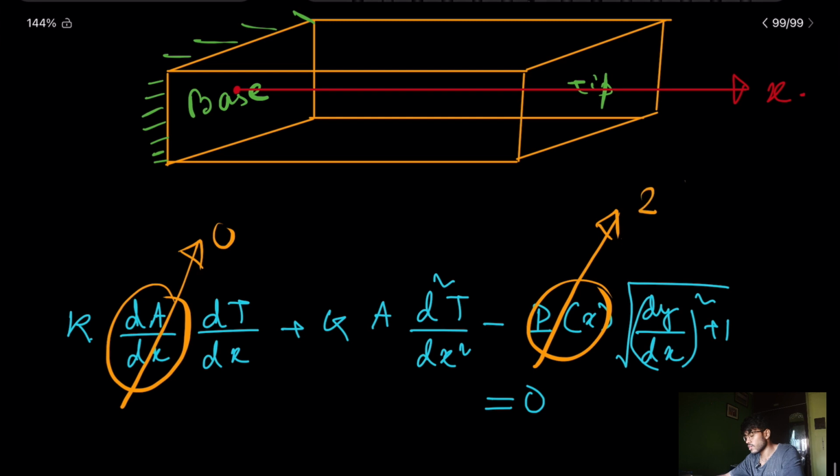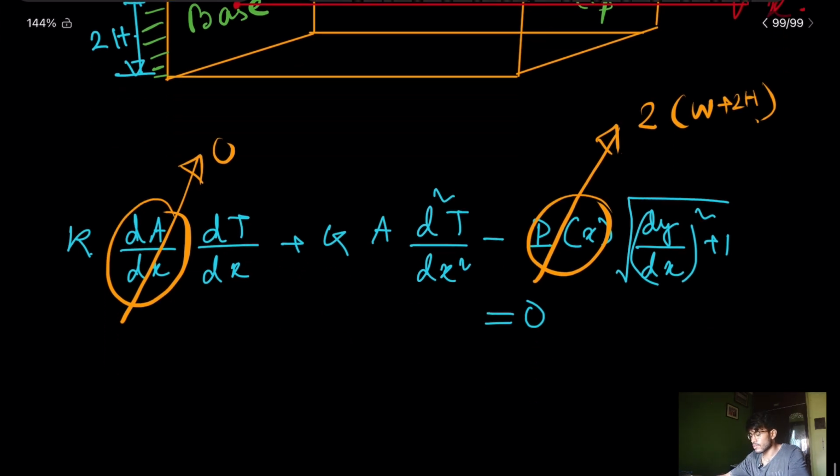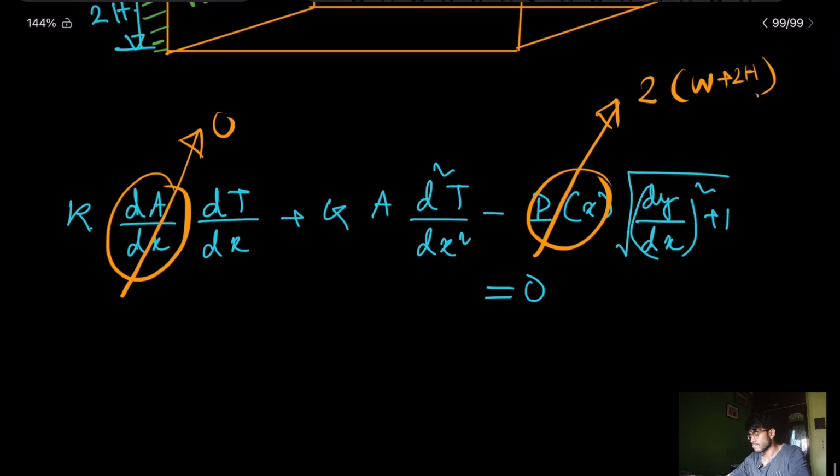That constant will be 2 into w plus h, w plus capital H, right? Because this is your 2h and this is your w. So this will be 2 into w plus 2h, not h actually. Okay, and again, because y is not a function of x, that means this will be 0, right?